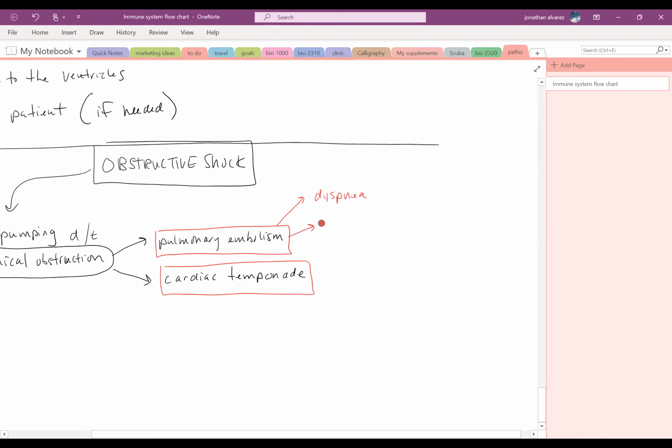They'll have an increase in right side heart pressure. And that's because the right ventricle is responsible for ejecting blood to the lungs.